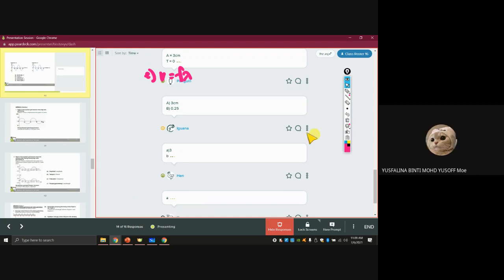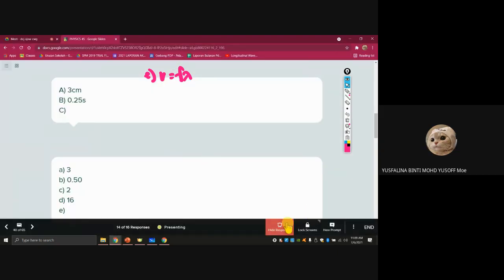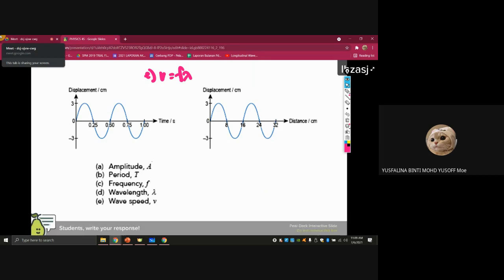Huh? You don't know how to put the answer? Can you type the answer? Oh, wait. Cannot type. Already can type now. I am not sure. Wait, I try to see first. You can just click there, then you can just type.